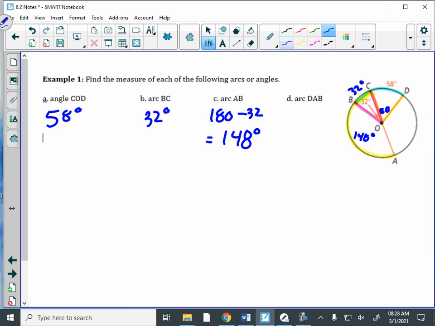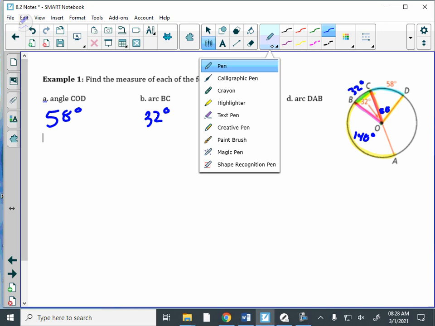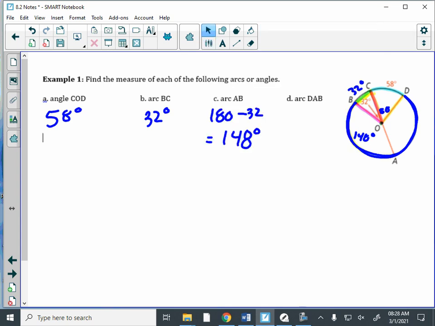If we take a look at D, we want to find arc DAB, which is this dark blue arc right here. What do you think we need to do to find that dark blue arc? Yeah, 360, good, minus.